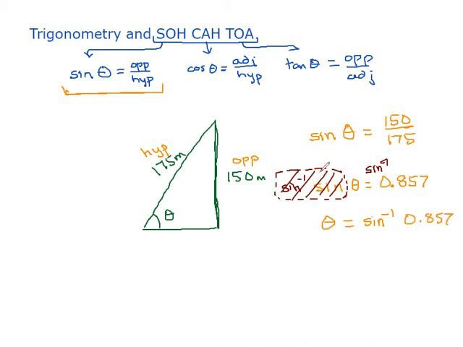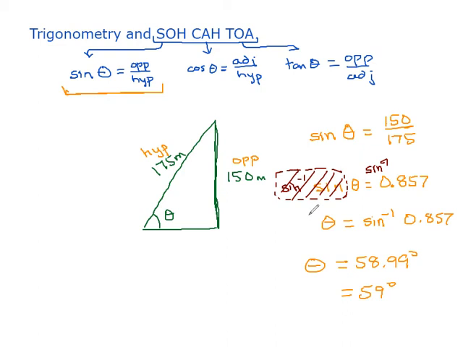On your calculator to do that, you probably press second sine or shift sine 0.857. And when I do that, I get that theta is 58.99 degrees. So basically, theta is 59 degrees.